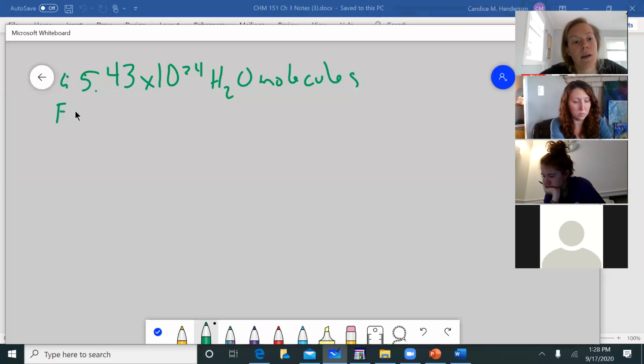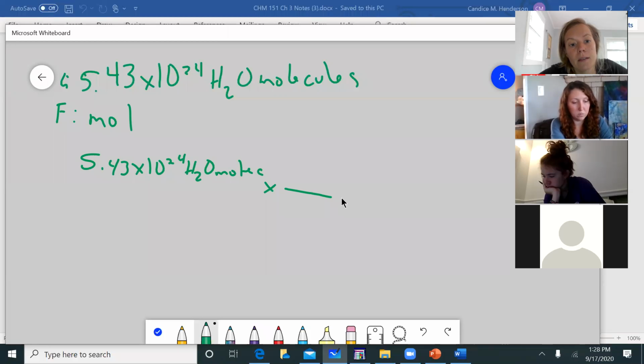Given that, I want to find moles. If it's molecules, it's the same thing as the individual elements. We start with our given, 5.43 times 10 to the 24th H2O molecules. And we know that we want to get into moles, so I'm going to put moles of H2O on top. I want to get rid of molecules, and then I relate them.